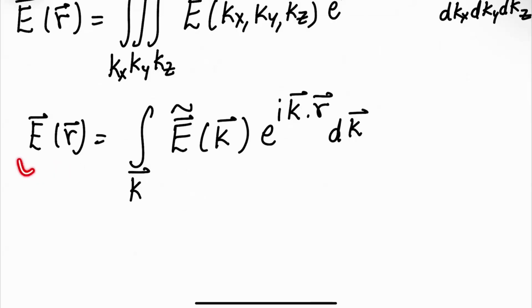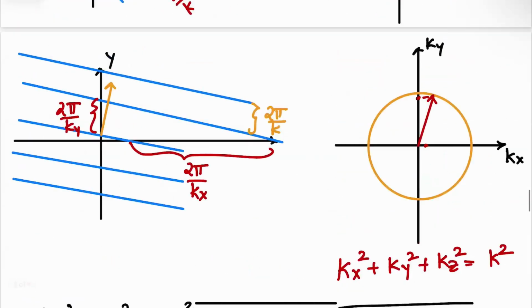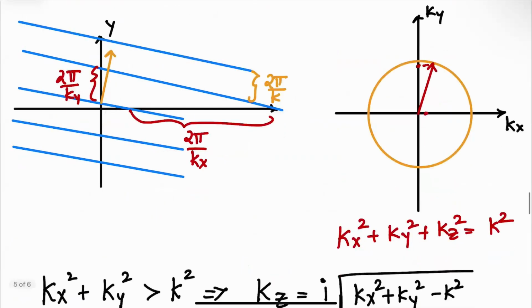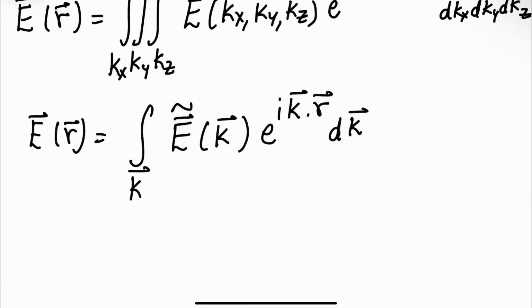Given an electric field as a function of space, I can take its three-dimensional Fourier transform, and that gives me the same vector field in k-space. Earlier we saw a plane wave in k-space is a single point, similar to how a sinusoid is a single point in frequency. But you can take any time domain signal and convert it to frequency domain. Similarly, you can take any electric field and convert it into a k-space representation, which is this one.